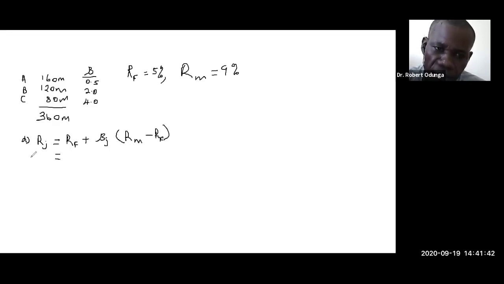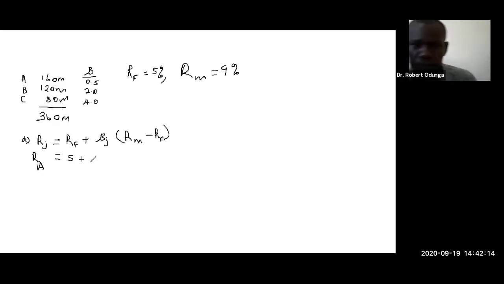So this is equal to, for project A, RF is 5 plus beta J is 0.5, okay, 0.5, into 9 minus 5.